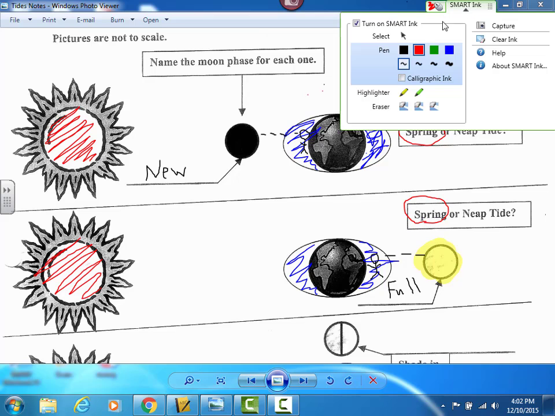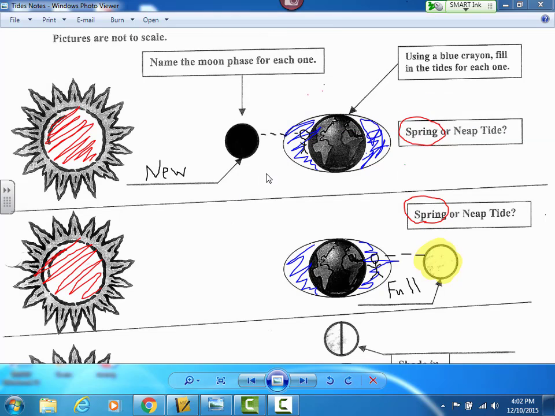Now, why do we get really high highs and really low lows? When the moon is in its new phase and its full phase, the moon's gravity and the sun's gravity work together. They are pulling kind of like in the same direction.